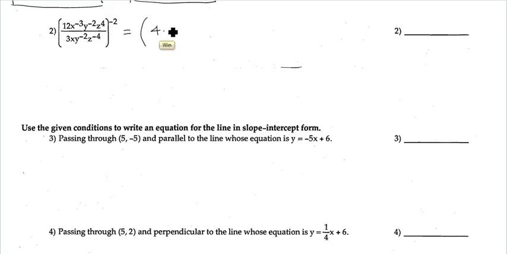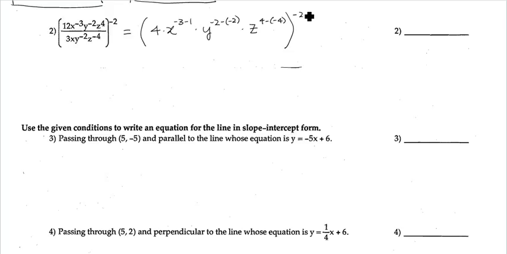So we will have x raised to the negative 3 minus 1 times y to the negative 2 divided by y to the negative 2. So we have y to the negative 2 minus negative 2 times z raised to the 4 minus negative 4. And then close the parenthesis. And the whole thing raised to negative 2.